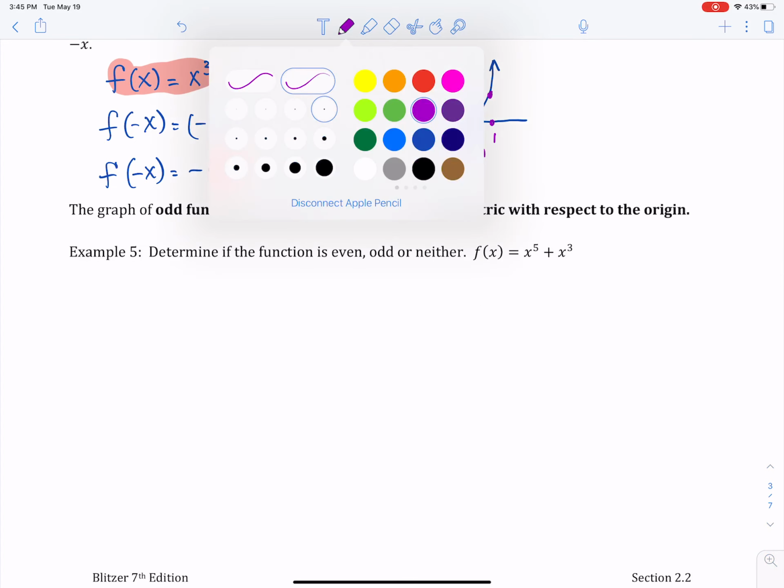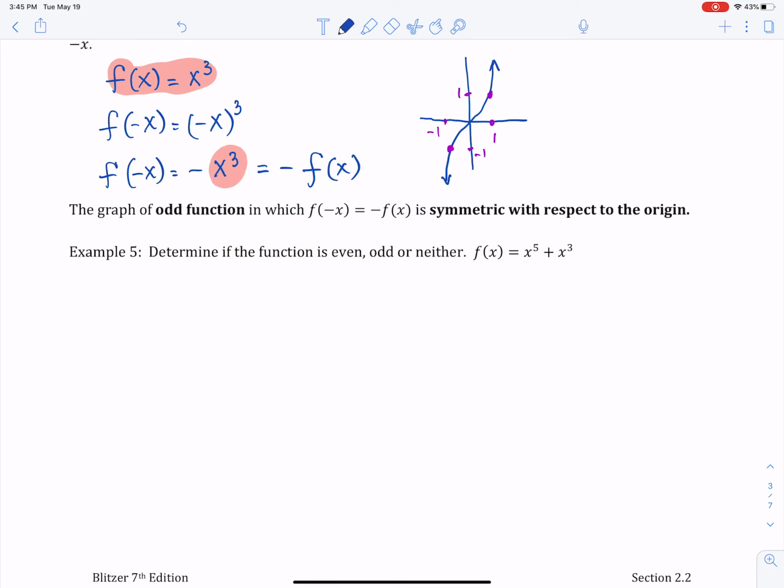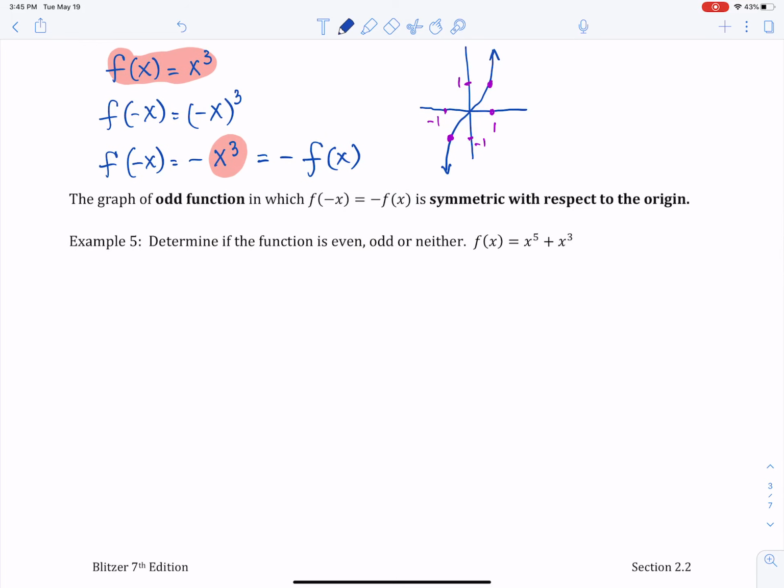And here's a question. Determine whether the function is even, odd, or neither. Many functions are not symmetrical, and many functions are not even or odd. The strategy is to replace x with negative x and see what happens.